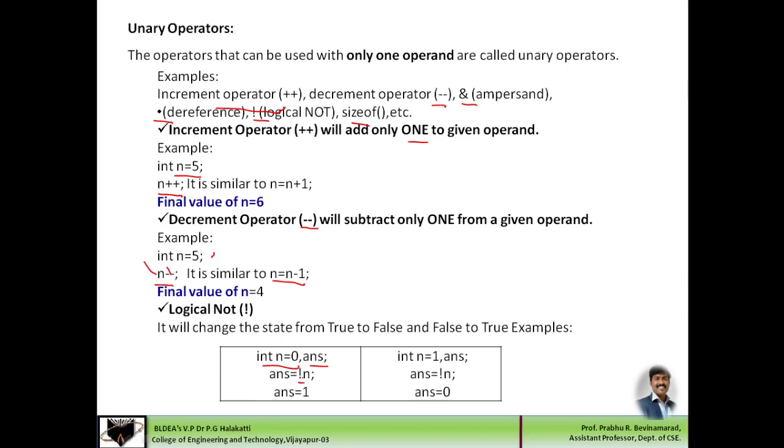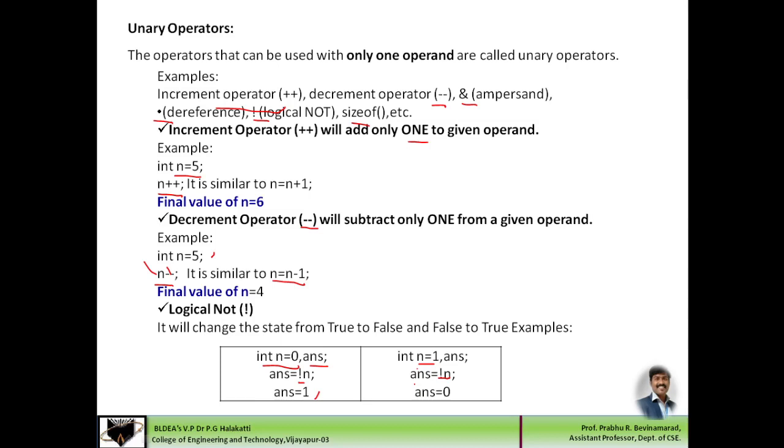So not of n will be stored. Actually, what is the value of n? n equal to 0. So not of 0 equals 1. Therefore, in variable ans, value 1 is stored. So here, if we store n equal to 1, then not of 1 equals 0. So in this particular variable, a 0 will be stored.